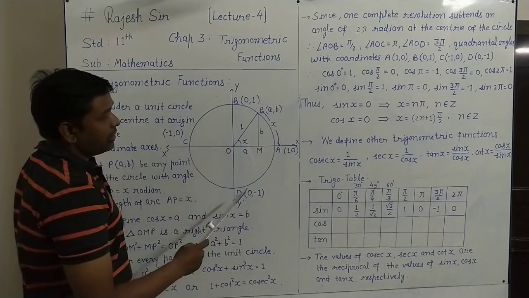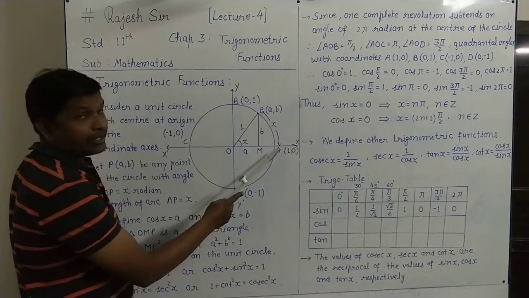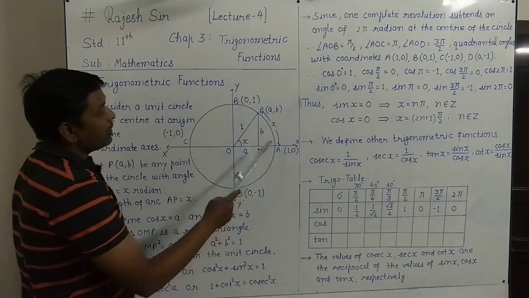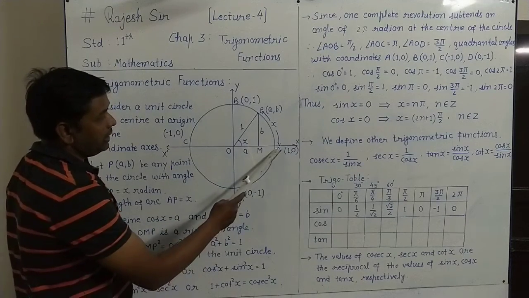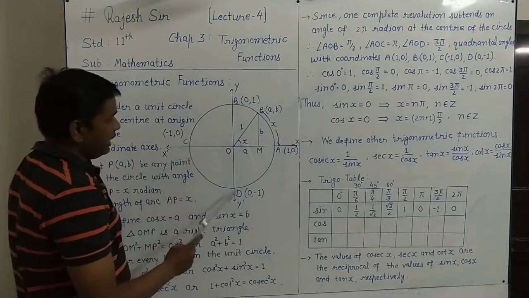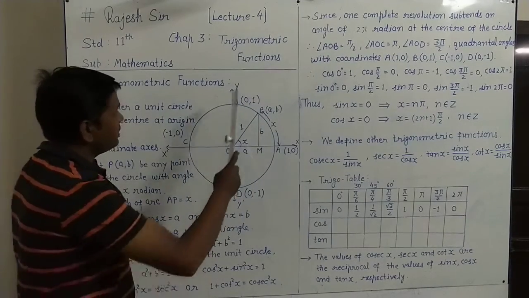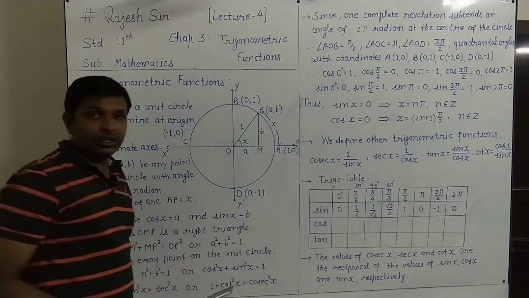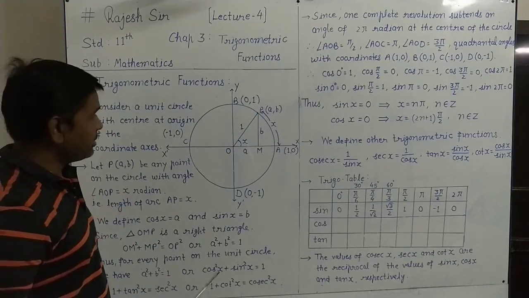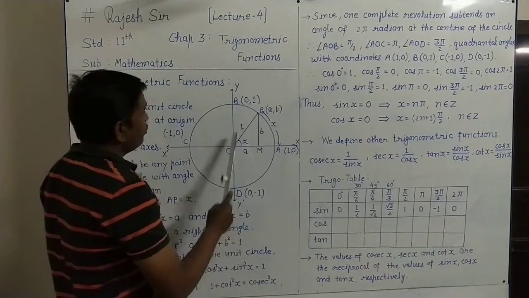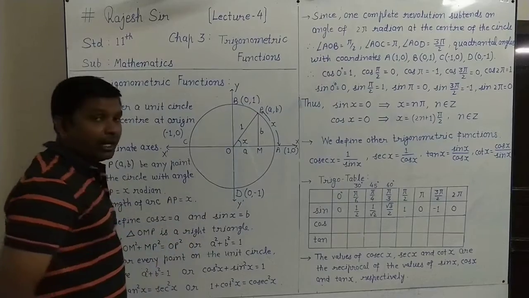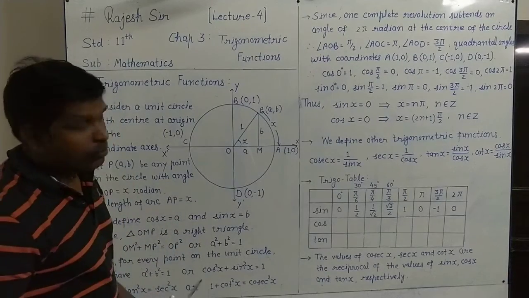The intersection points of the circle and the axes are here A, B, C, and D. And as this is a unit circle, with unit radius, this OA, OB, OC, and OD all are radii, and the radius is 1 unit.